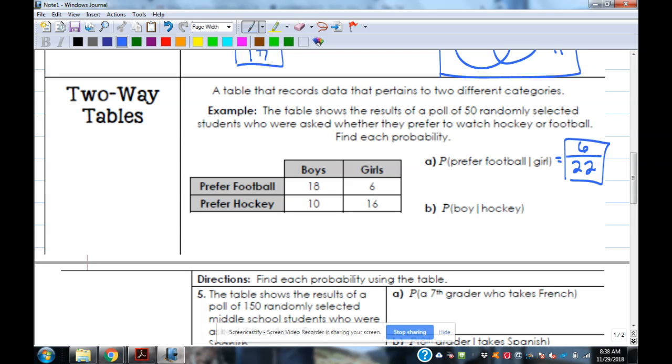The hockey row, right? Because it says given hockey. So hockey is represented on a row. So we're looking at these. So how many people are on that row? 26. Probability of picking a boy out of that would be 10 out of 26, which we can reduce, right? 5 out of 13.